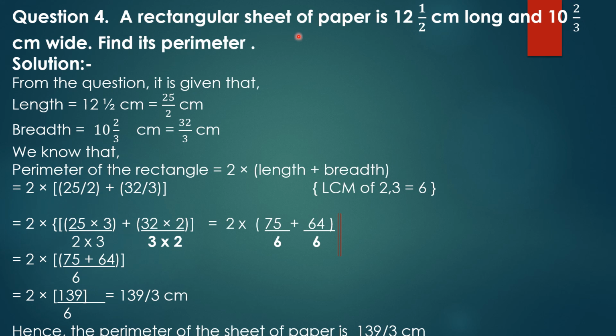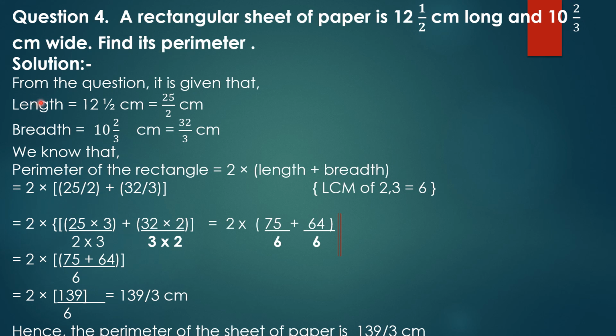A rectangular sheet of paper is 12 1 by 2 centimeter long and 10 2 by 3 centimeter wide. Find its perimeter. So, what have they given? They have given the length of the rectangular sheet as 12 1 by 2 centimeter and 10 2 by 3 centimeter wide, that is the breadth of the rectangular sheet, and we have to find its perimeter.